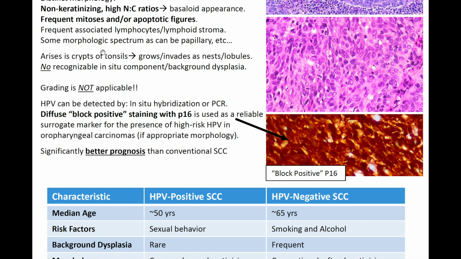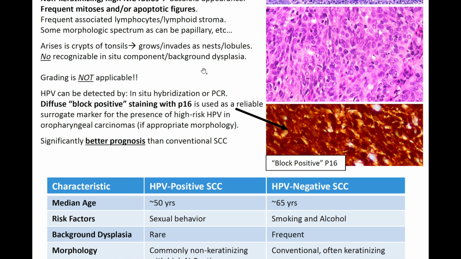HPV can be detected by in situ hybridization, or ISH, or PCR. So diffuse block positive staining with p16 is used as a reliable surrogate marker for the presence of high-risk HPV in oropharyngeal carcinomas if the morphology is appropriate to test for it. A significantly better prognosis than conventional squamous cell carcinoma.